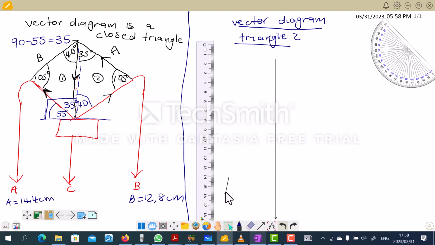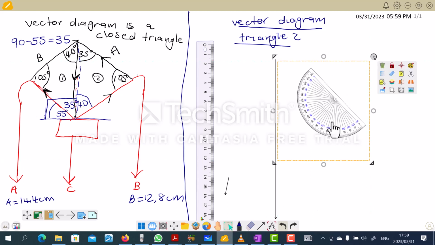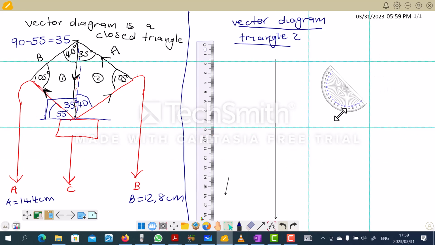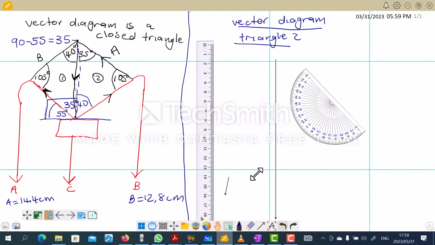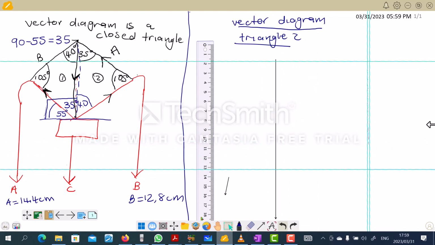For the protractor, we need to find the angle 35. Let me take the protractor. I think I need to flip it to the other side. Okay, I need to flip it that other way.